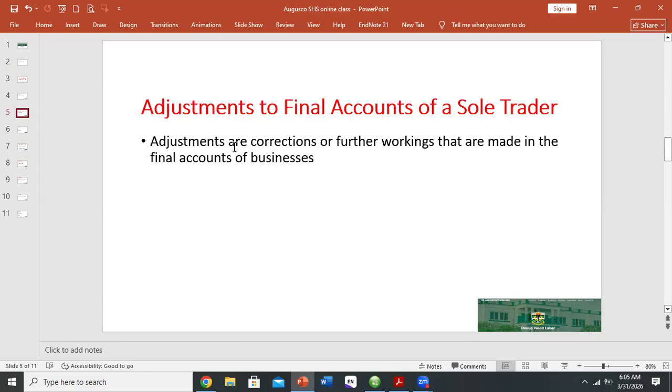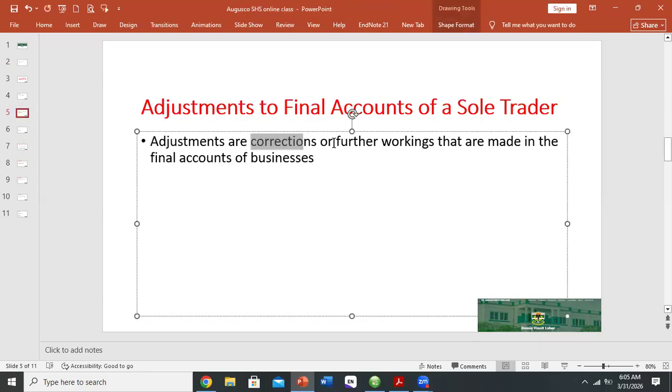So note that they are corrections or further workings. In your manual, you will see adjustment as changes made in the final account of a business.